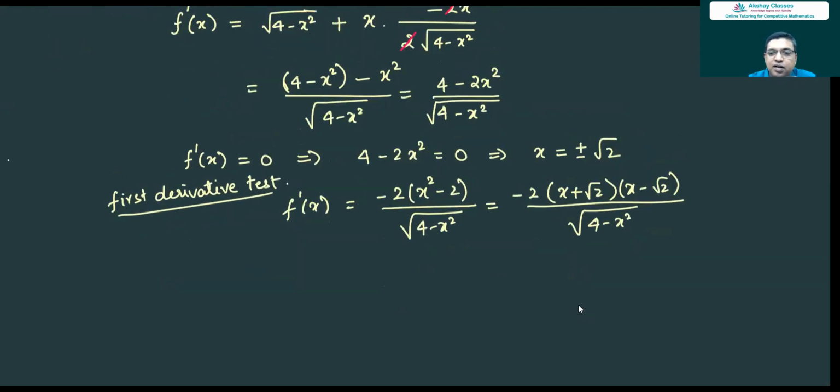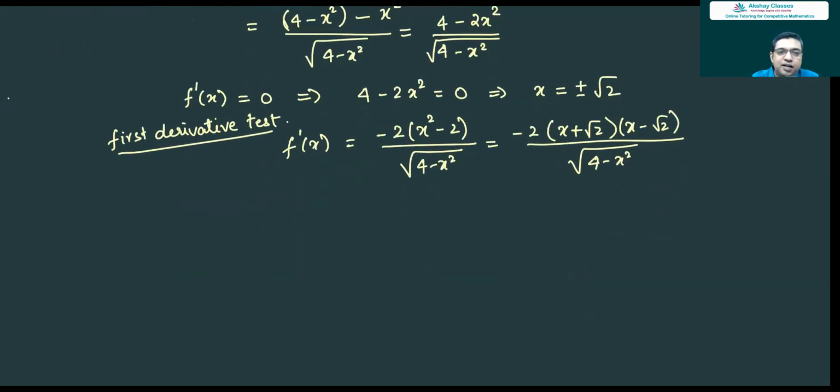So now let us plot the number line. In the number line, mark minus under root 2 and mark plus under root 2. Just put the factors, don't put 0 or anything.